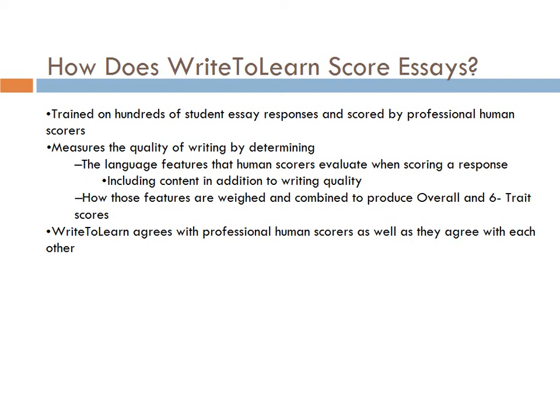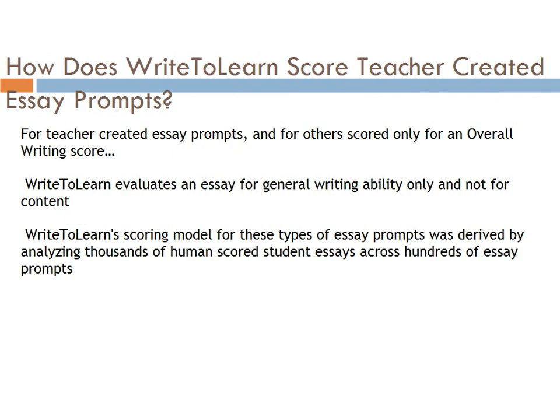Now, if you're at the end of that, we'll move on to the next slide, because this is usually the next question you get. Okay, if that's how you score essays with 6 traits, what about these teacher-created prompts? They're created without the use of all those samples, so you're exactly right.